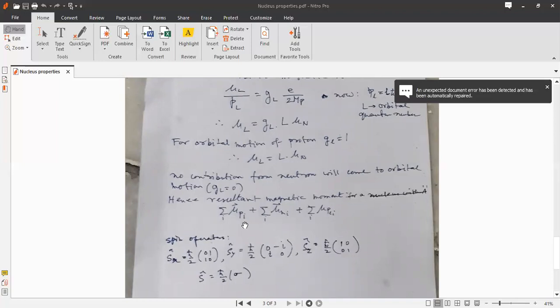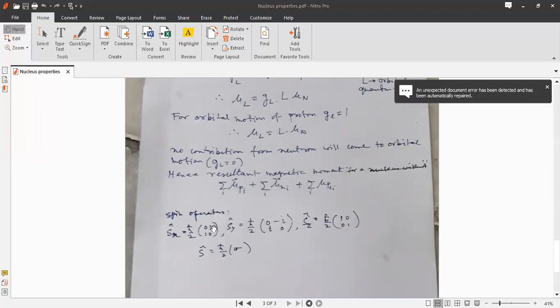Here we have considered a nucleus where the neutrons and protons have the same number. If it is otherwise, you can put it a different way, with a different index, like j. So this is about the total resultant magnetic moment.